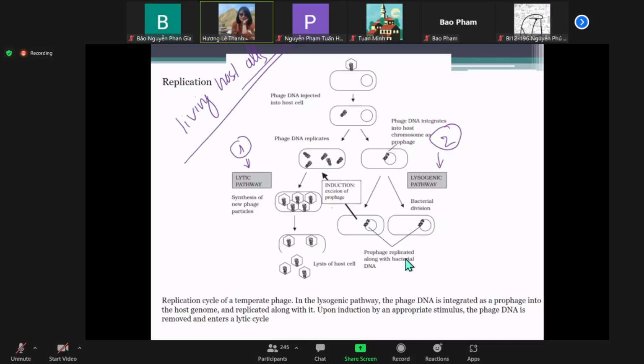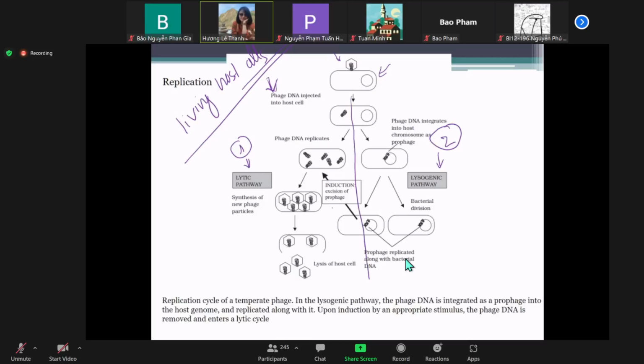This is the pathway drawn for a bacteriophage. This is the bacterium. The virus attacks the cell membrane and then releases its genetic material, either DNA or RNA, into the cytoplasm of the host cell. Then there are two pathways.